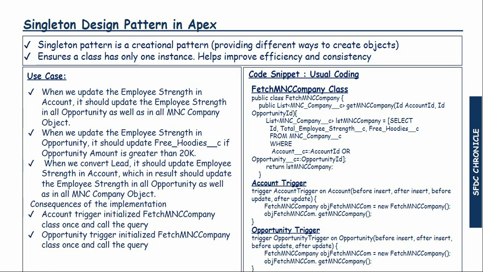But whenever you are working in a big implementation where there is a lot of complicated coding, and there is a lot of dependency, whenever an account is updated, the opportunity is also updated, and that will update MNC, and again MNC will fire something on the account. So there are so many things going on in a big implementation.